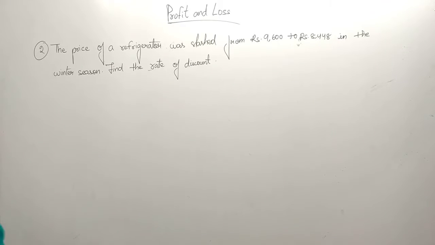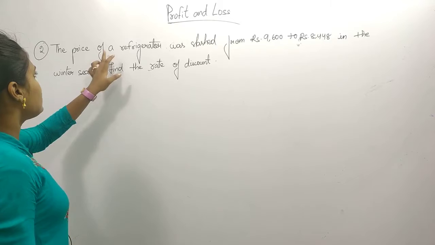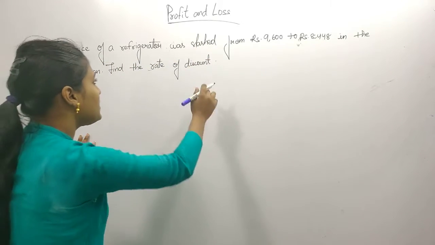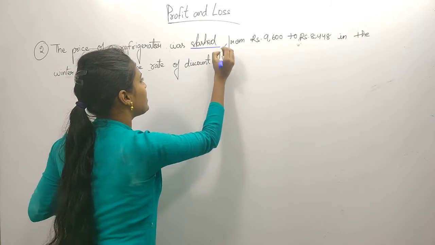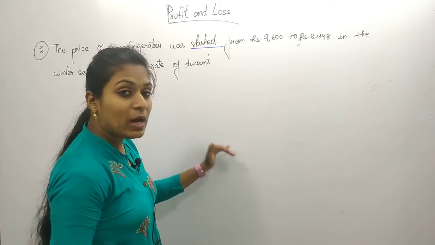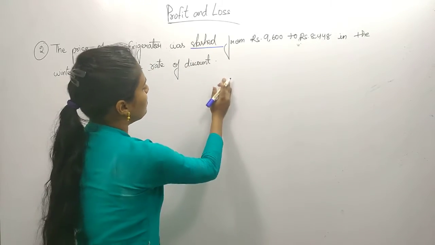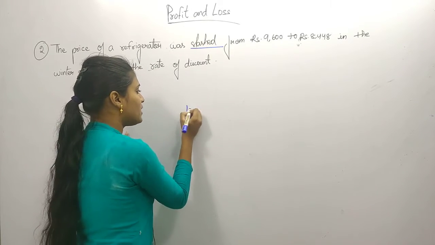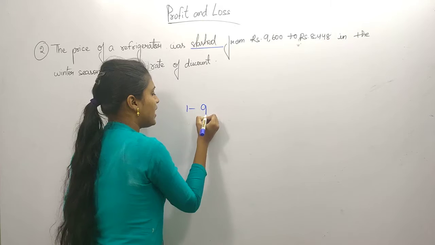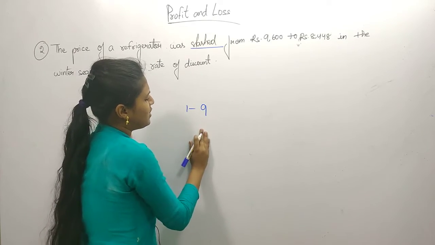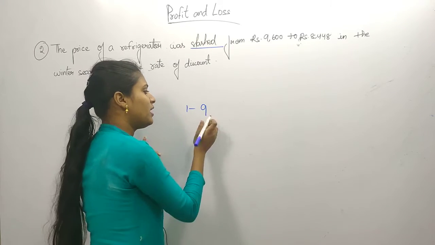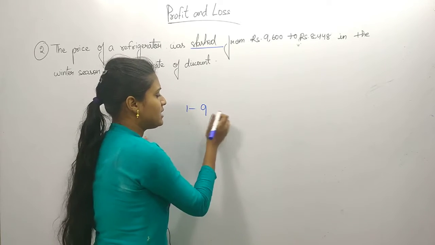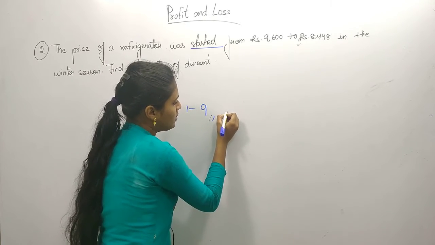Okay, what is the next question given here? The price of a refrigerator was slashed. Slashed means fell down. For example, one chocolate's cost is 9 rupees. After some days it is reduced in winter season to 8 rupees.